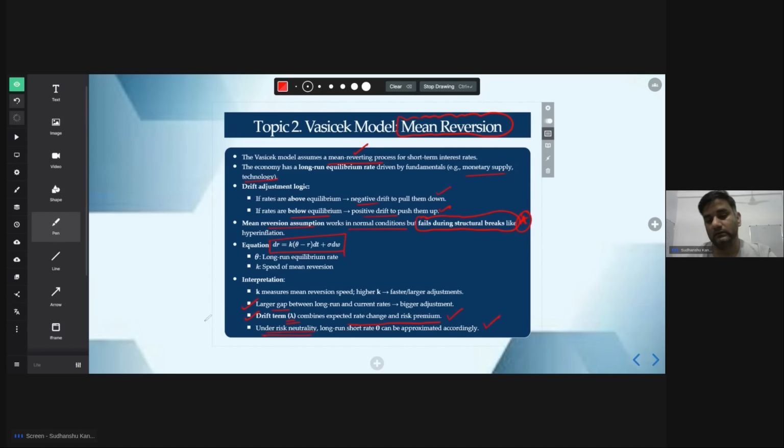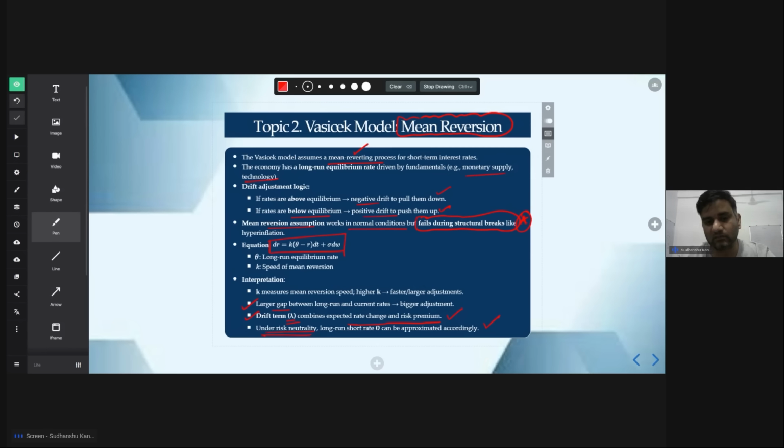Okay. So the model itself does one very important thing: you're combining your arbitrage free framework with your mean reversion. Now, what are the limitations of such a model? Mean reversion works well in normal times and fails in crisis times.